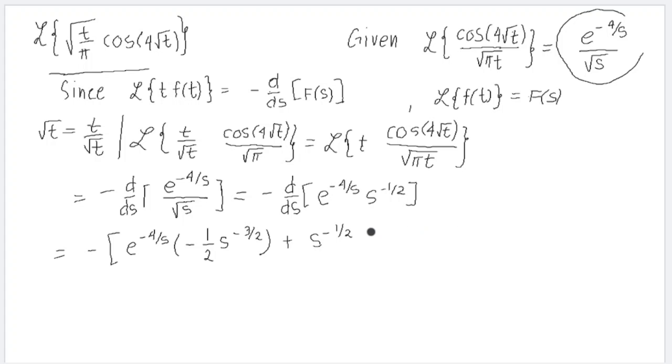The derivative of that one is e to the negative 4 over s times the derivative of the exponent, 4 over s squared.